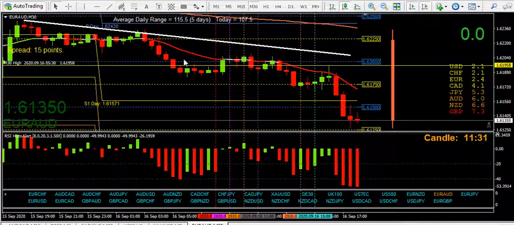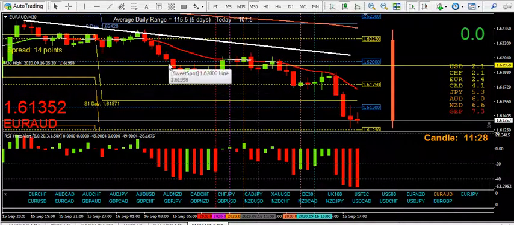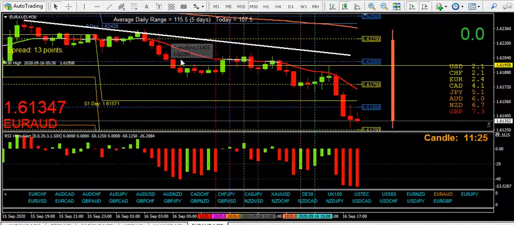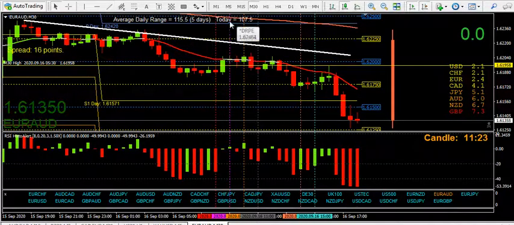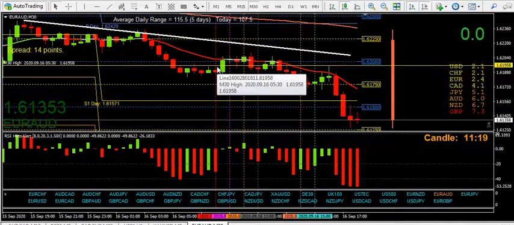I think there was a pivot and a round number and something else there as well, but we were far from overextended as well. And when I'm taking reversal trades, I want to be overextended.